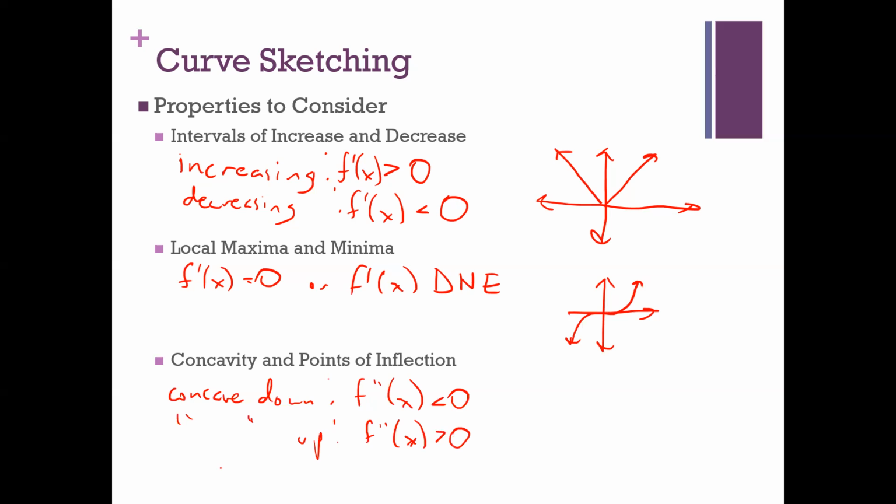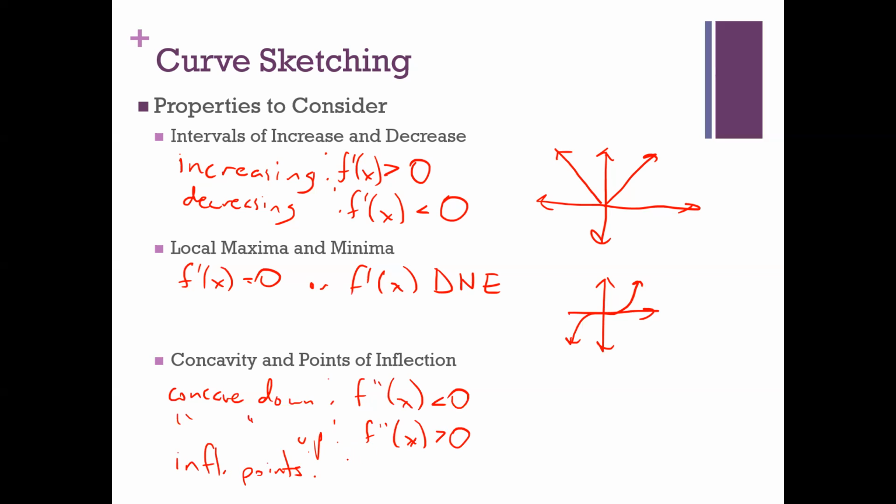Where do inflection points come from? They're not called critical numbers, only because by definition, critical numbers are an artifact of first derivatives. So what am I really looking for to find inflection points? A change in the concavity.